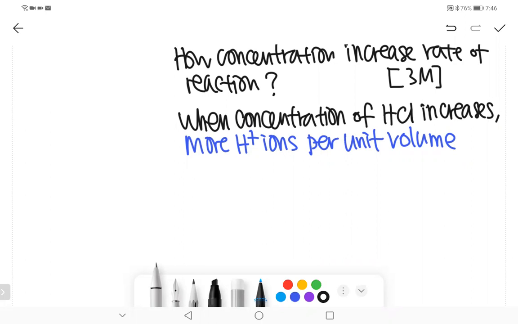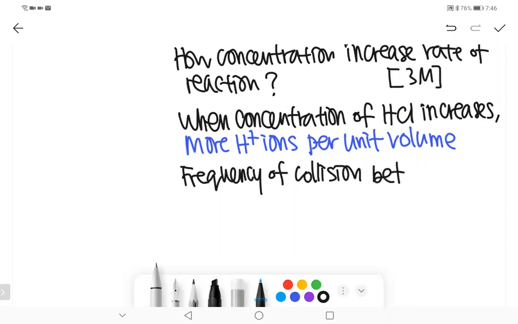So frequency of collision will increase. And you must mention who is colliding.